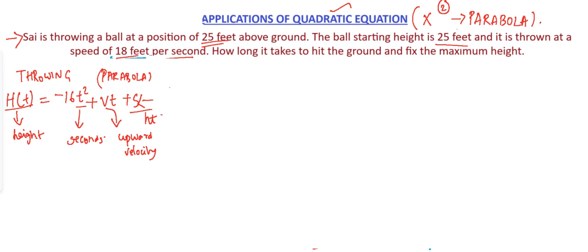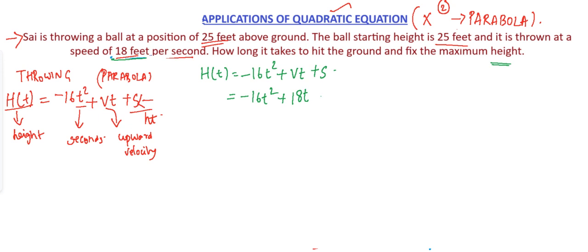So with the help of this formula, let's see how to find out the time period and the maximum height as being asked in the question. So h of t is equal to minus 16t square plus v of t plus s. So minus 16t square, we know that v represents the starting upward velocity, which is going to be 18 feet per second over here.